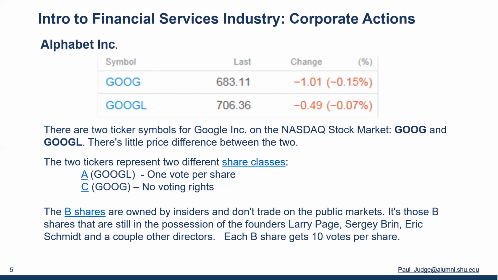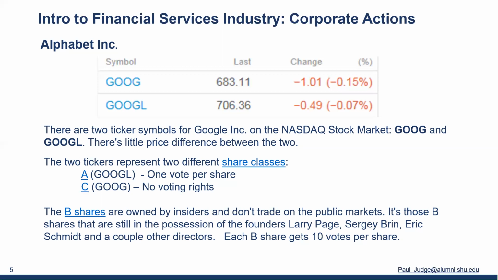So Google trades under two different symbols on the NASDAQ exchange. And what they did was they came out with a new stock to trade on the exchange, and it was a C issue. And the thing with the C issue is the C issue doesn't have any voting rights. So when they came out with that new issue, when they flowed that new issue, that was a corporate action.